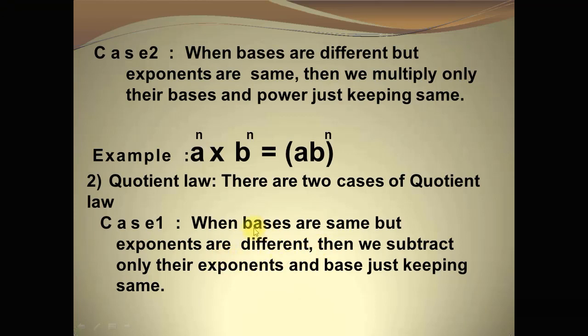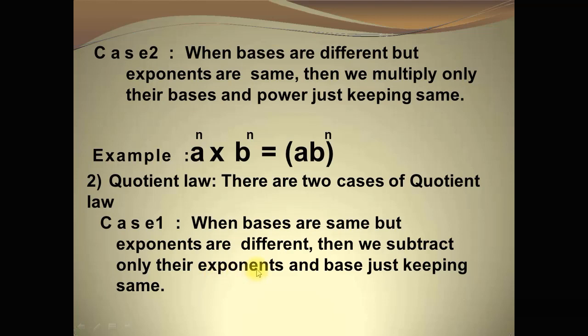Like in product law, when bases are the same and exponents are different, we add the exponents. Similarly, in quotient law, when bases are the same but exponents are different, then we subtract their exponents.